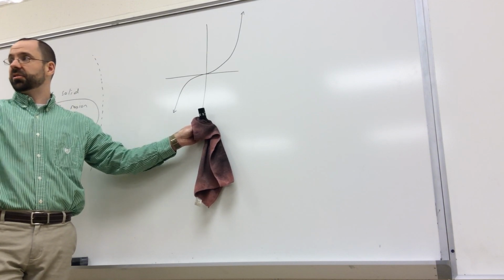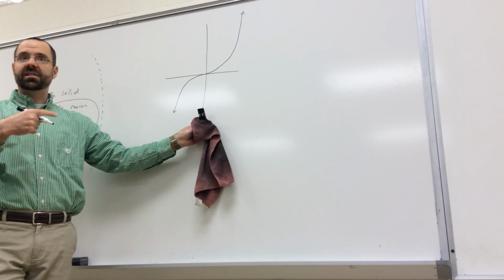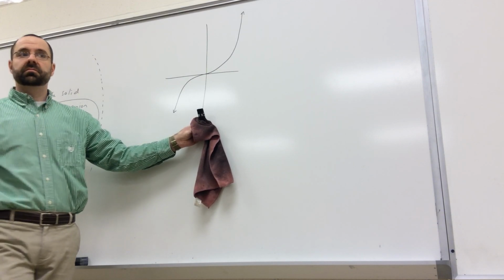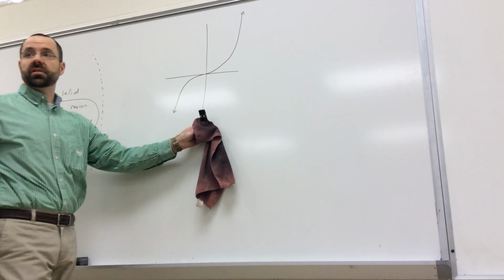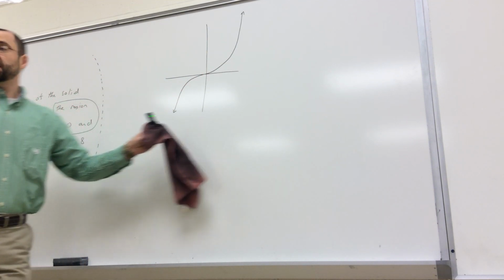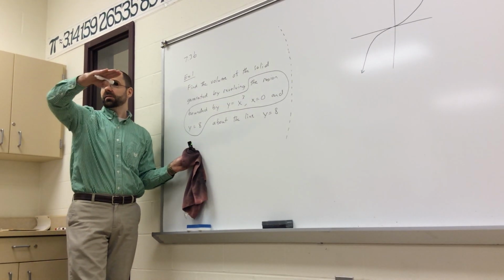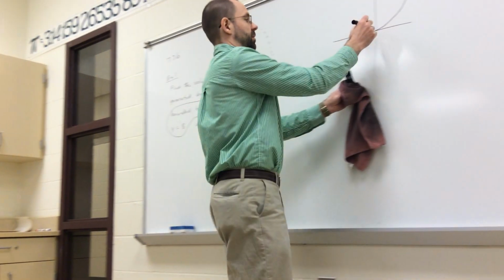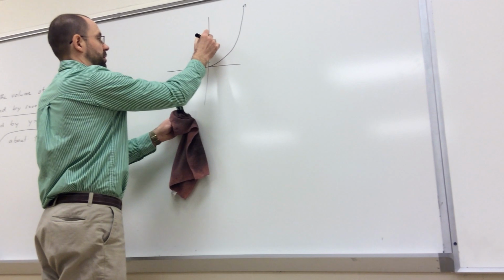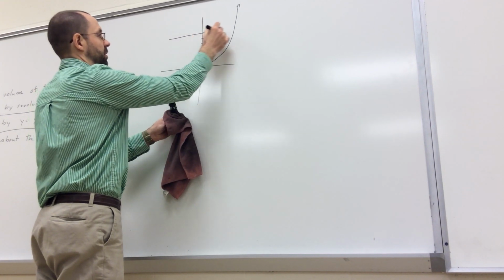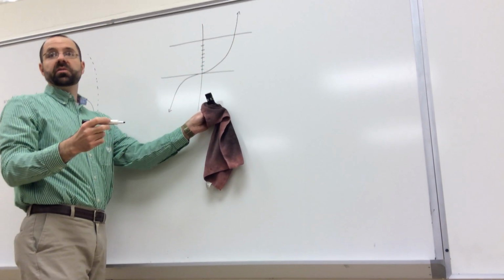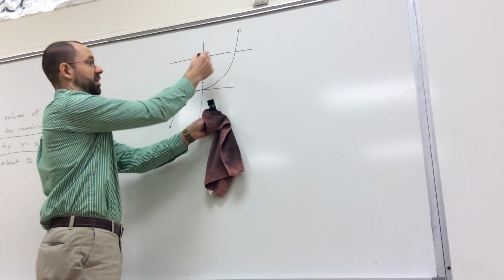Straight up and down line at 0, right? So it's the y-axis. Okay, so there's x equals 0. And then y equals 8 is a flat line up at 8. So the region in question is this.